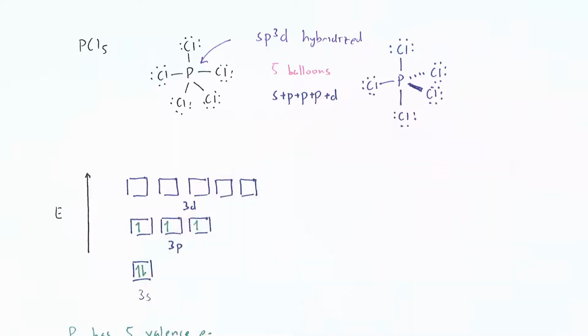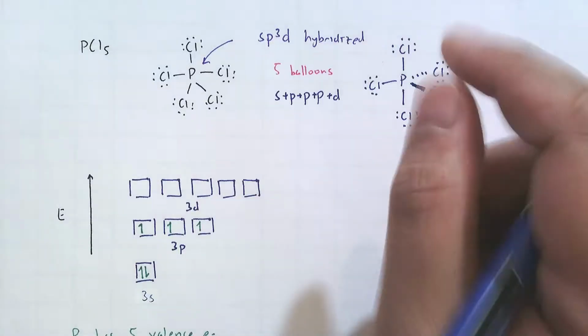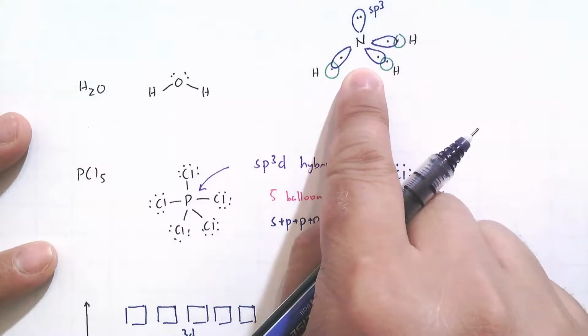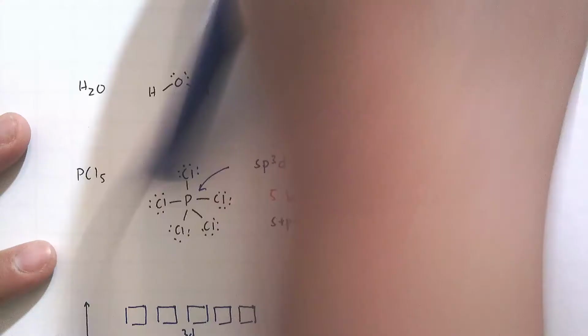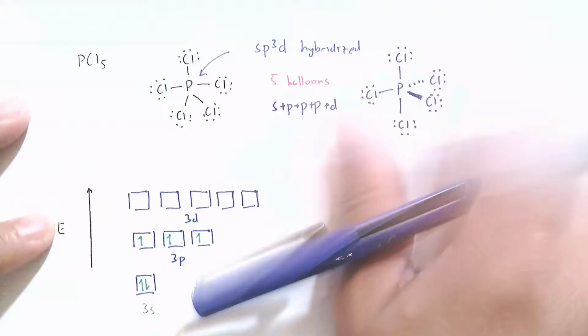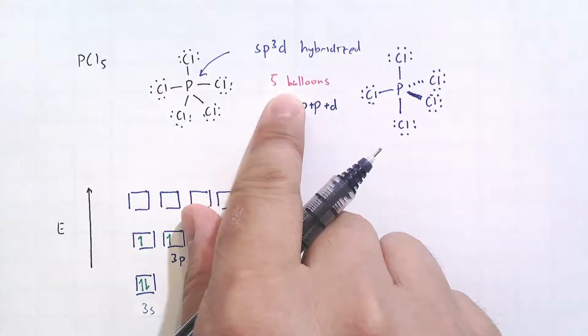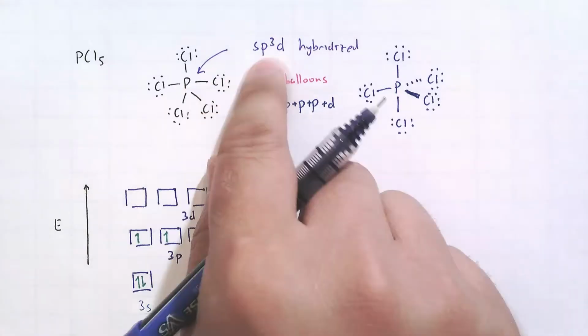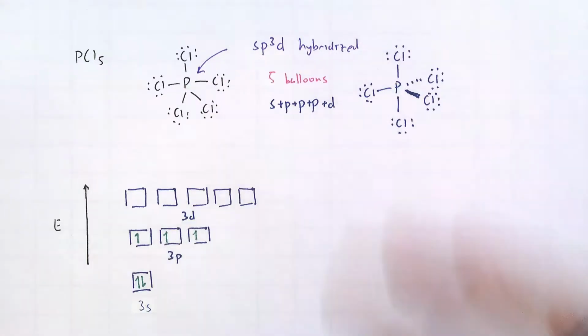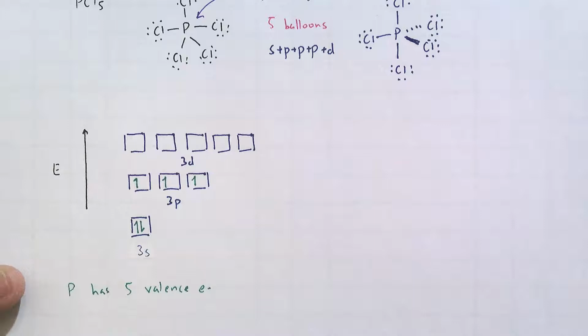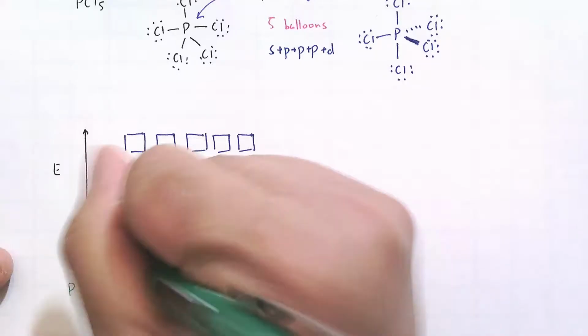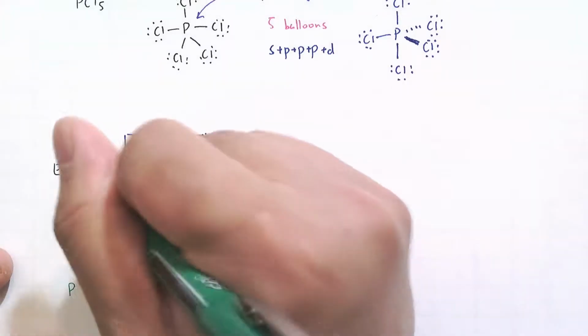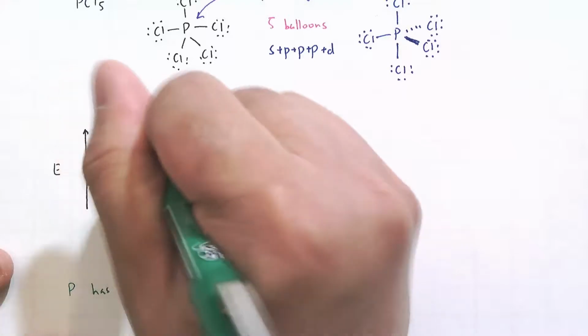I wouldn't ask my class to draw the cartoon, the lobes, for sp3d hybrid orbitals. I would expect people to know that if the central atom has 5 balloons, that central atom is sp3d hybridized, which will give us 5 hybridized orbitals. So I'm going to put a dotted circle around 5 atomic orbitals.